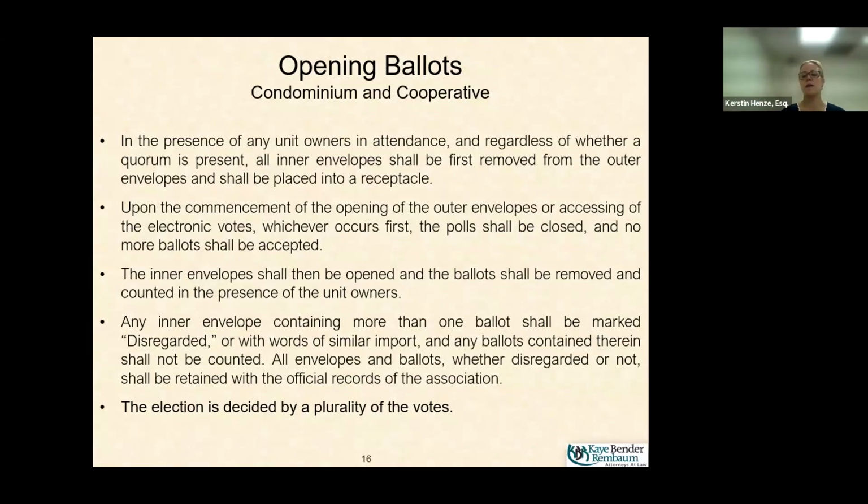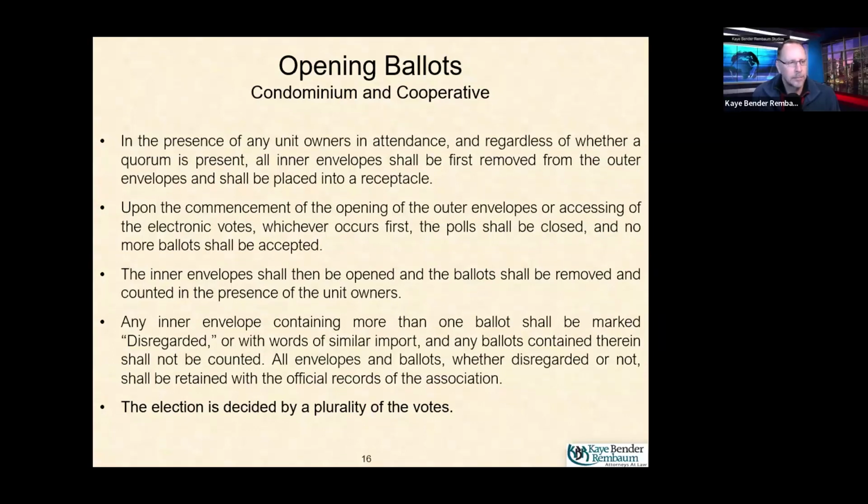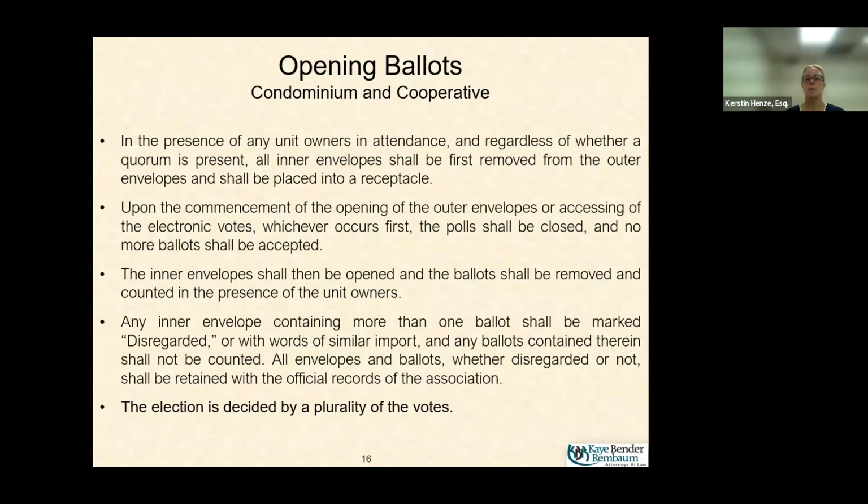Now, once you've verified all the outer envelopes at the meeting, then you'll slice through the outer envelope and you'll start pulling the inner envelopes out. Important to note that polls close only when you slice through the first outer envelope.